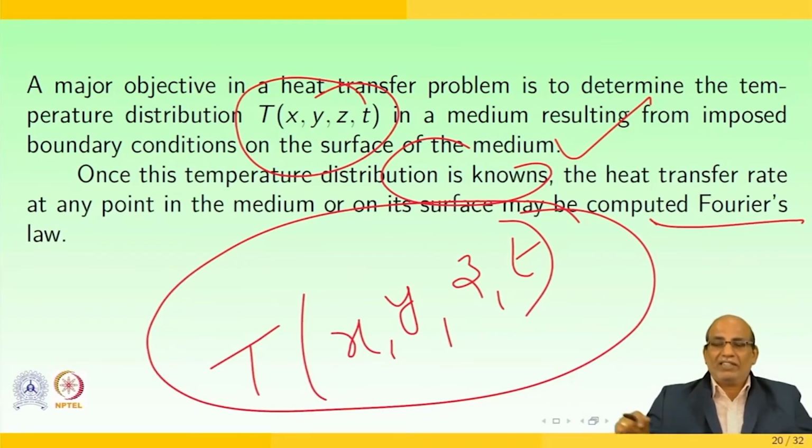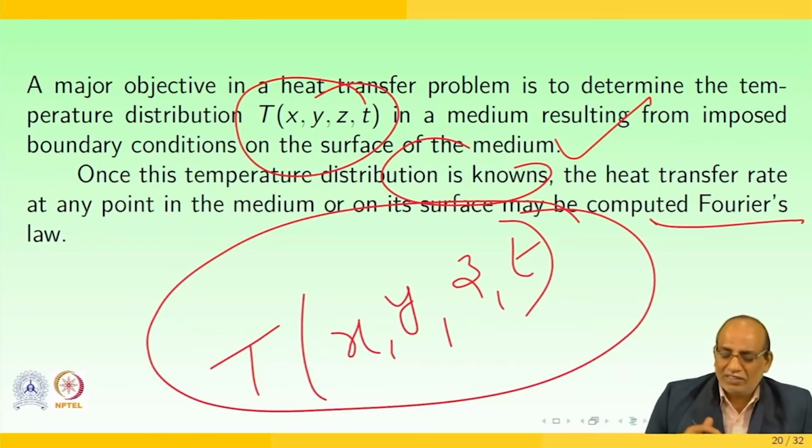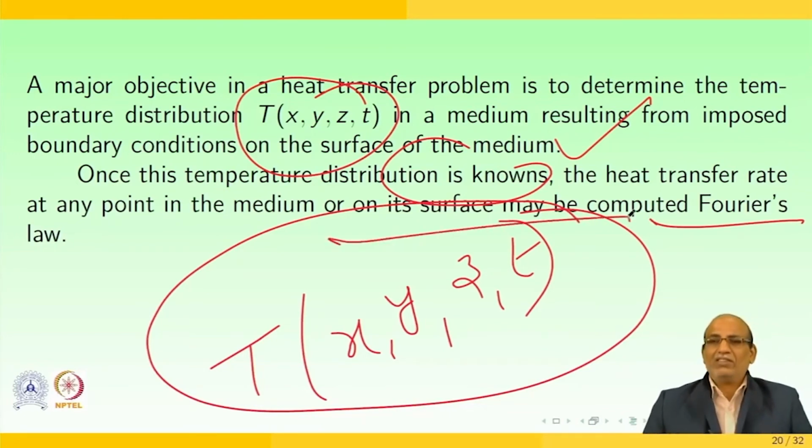That means if the temperature distribution is known, we can compute how much heat will be transferred. So when the temperature distribution is known, the heat transfer at any point in the medium or on its surface may be computed. Once you know the temperature, heat transfer can be computed, along with the mode of transportation.